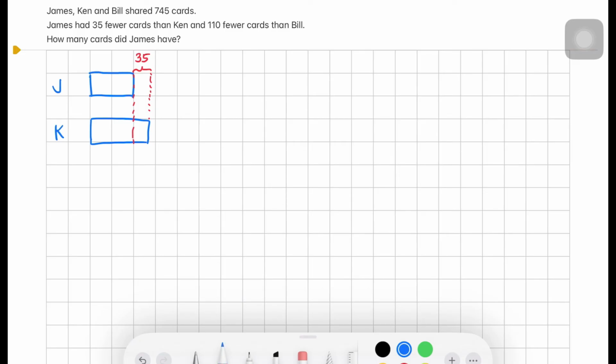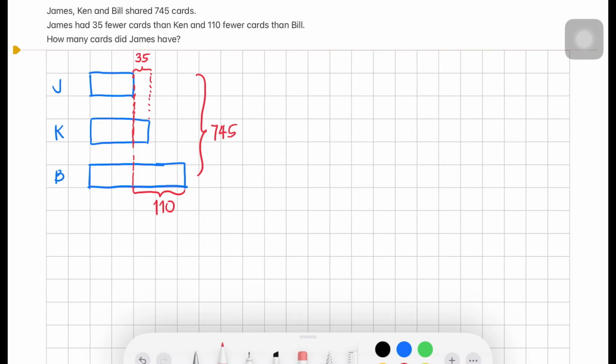So for Bill, it's 110 more. So meaning to say, Bill has the most number of cards. So from James, there you go. This is 110. Our total again is 745.